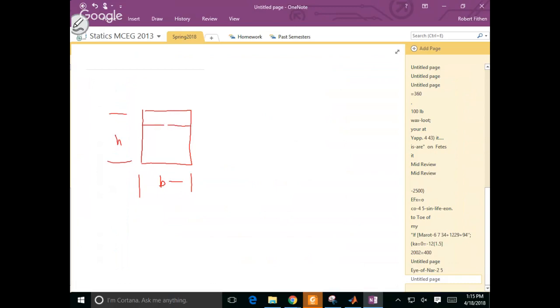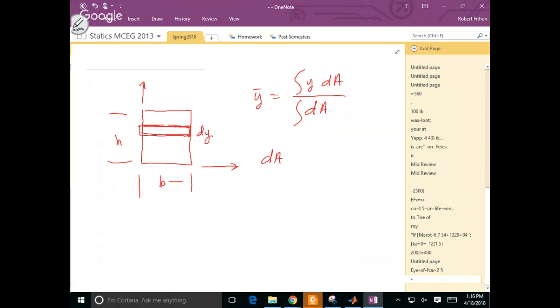But if you did this and you said, I want to know y bar, it's the integral of what? y dA over dA. Well, if I chose my slivers like this, this is dy. So dA in that case is nothing more than b times dy, because b is the base dimension.